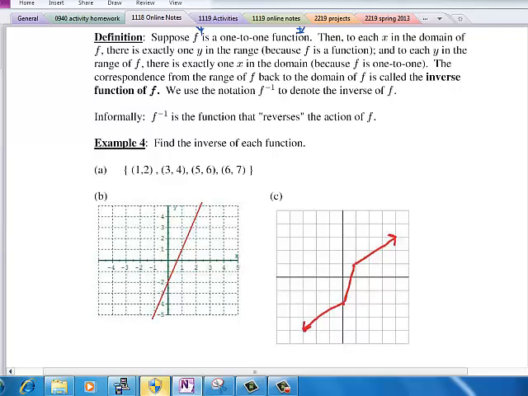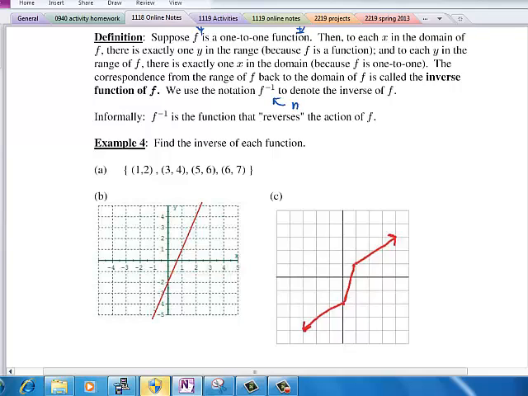The correspondence, or the relationship from the range of f back to the domain of f, is called the inverse function of f. So we just basically turn the outputs of f into the inputs of f inverse, and the inputs of f into the outputs of f inverse. The notation we use looks like f with an exponent of -1.